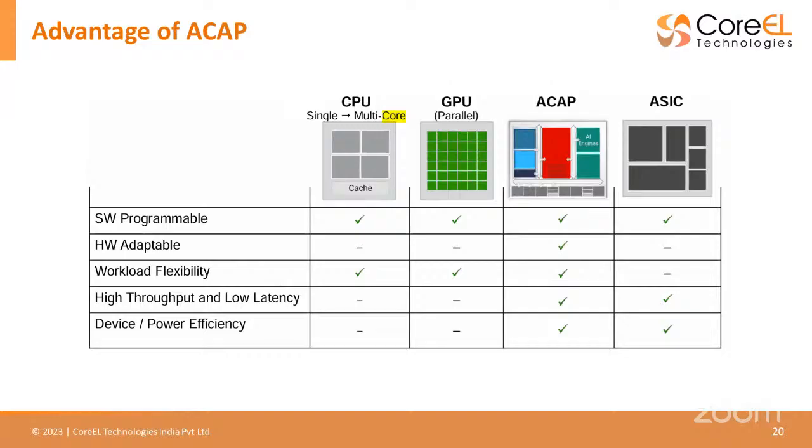Because of the hardware programmability and the workload flexibility, you can have a much more power efficient and resource efficient device at your disposal. And last but not least is the availability of the NoC, the network on chip, which will give you the highest throughput in the market on any device.